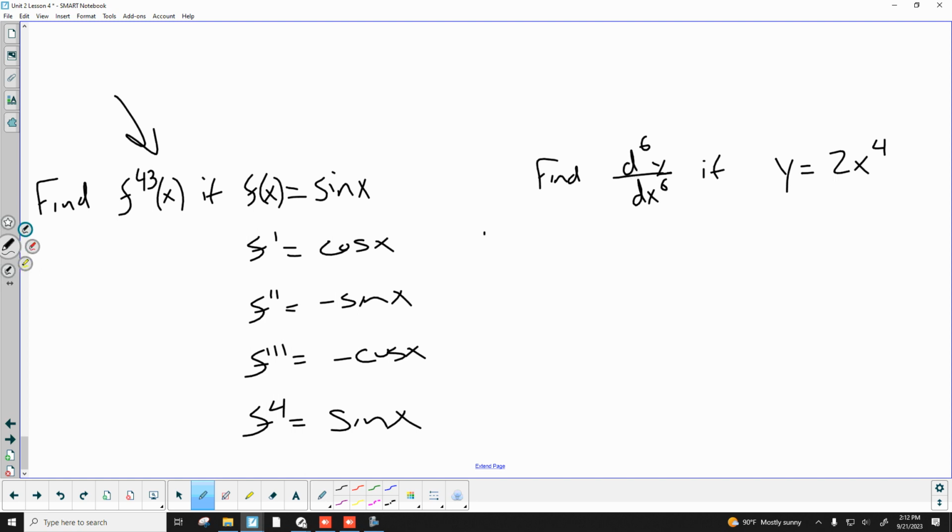Okay, so do we have to write that the fifth derivative is cosine? What we realize is every time we take the fourth derivative, we're back to where we start. So this is the fourth derivative, the 8th derivative, the 12th derivative. Okay, now answer the question.